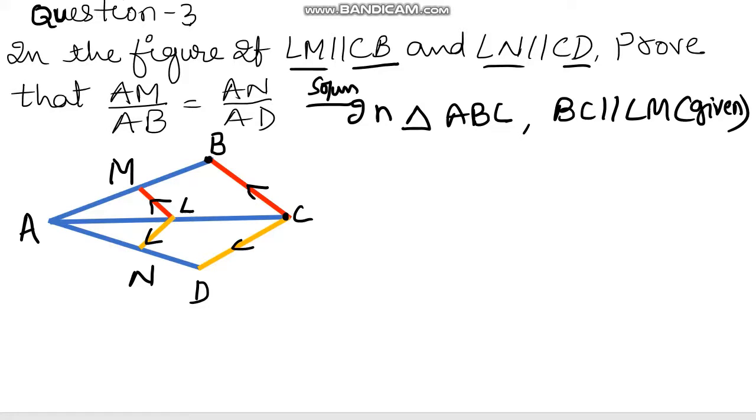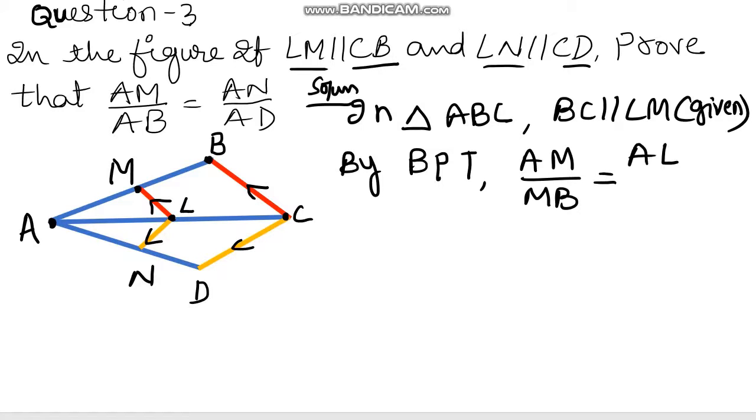This is given. Now, by basic proportionality theorem, by BPT, you have AM by MB equal to AL by LC, isn't it?